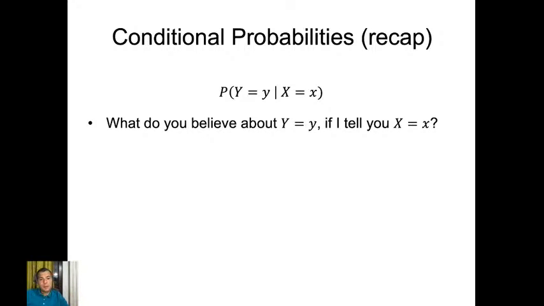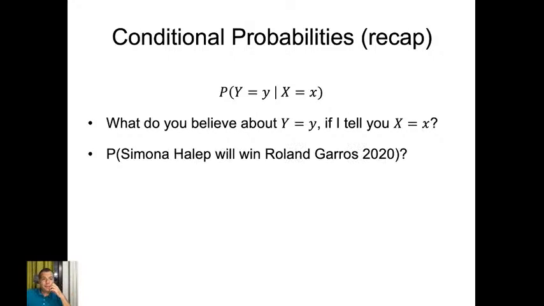Okay, so this can also be expressed as a Bayesian belief. So in our case, we want to know the probability of this event. So this is what we started with. What's the probability that Simona Halep will win Roland Garros? Actually, here I have to update the slides and put 2021. And here we can also consider some events that actually can influence this probability.